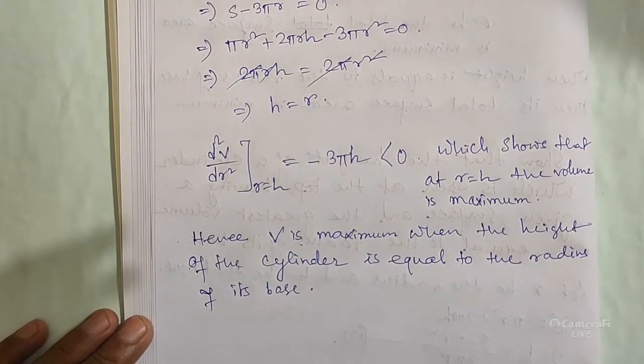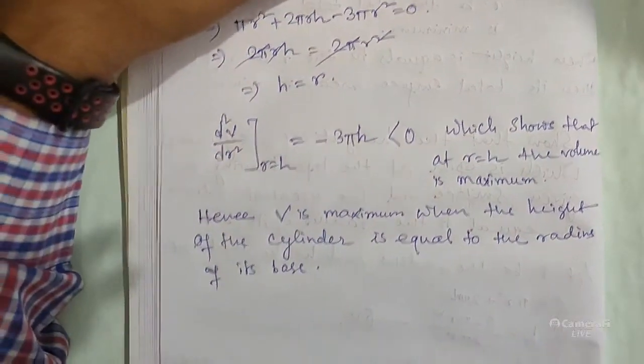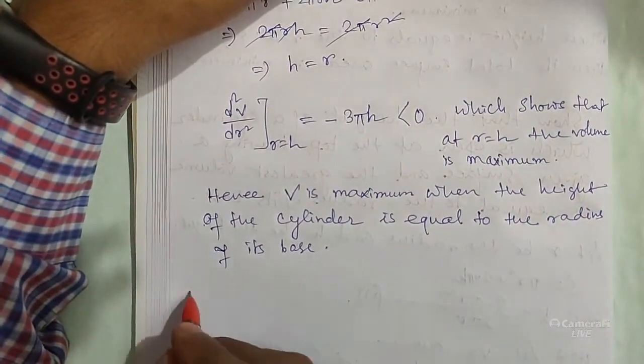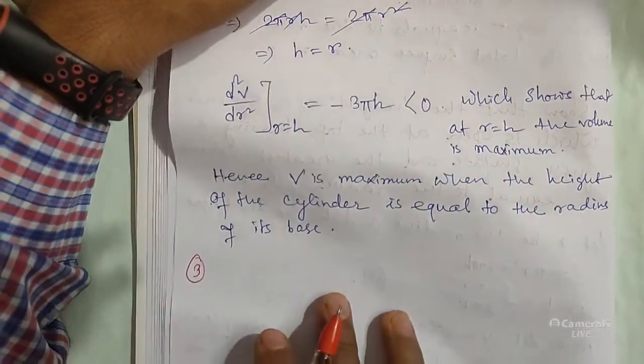Now the next question, it is quite different from these two. Here an angle is involved. So another type of question it is, and a very important question. Question number 3.